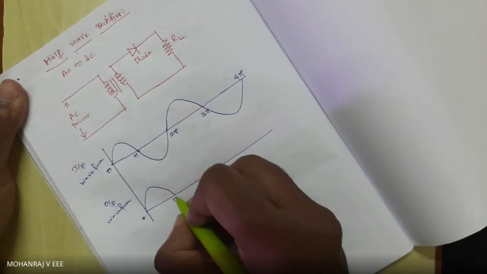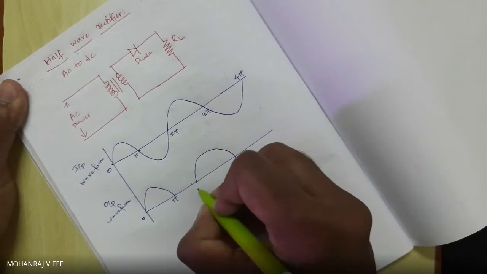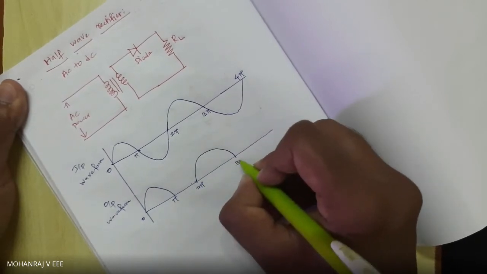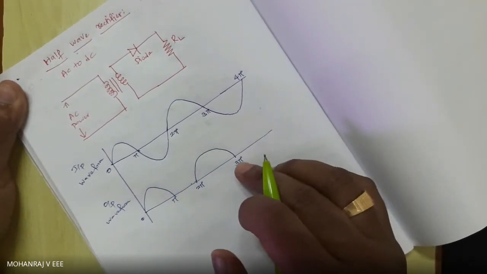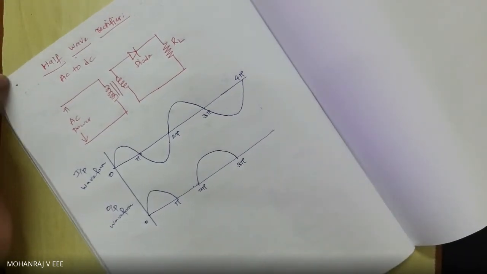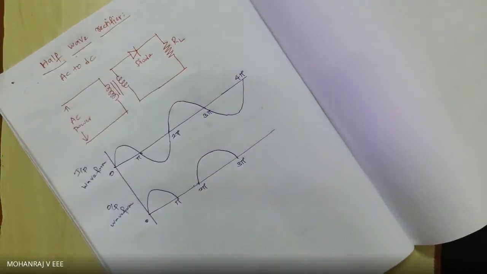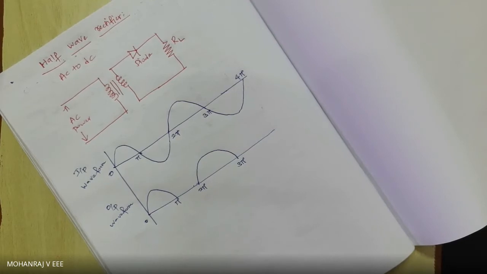So 0 to pi, then 2 pi to 3 pi, and the negative cycle vanishes. So this is my output waveform for the half-wave rectifier. You have only the positive cycles, whereas the negative cycle is nullified. Fine.